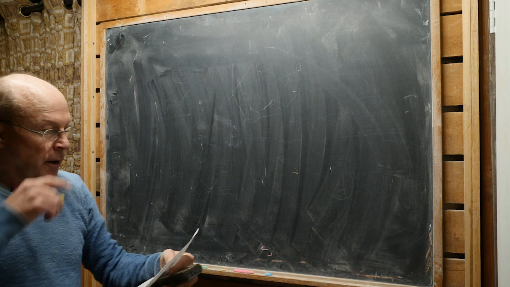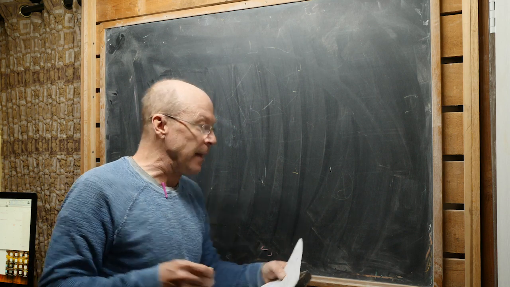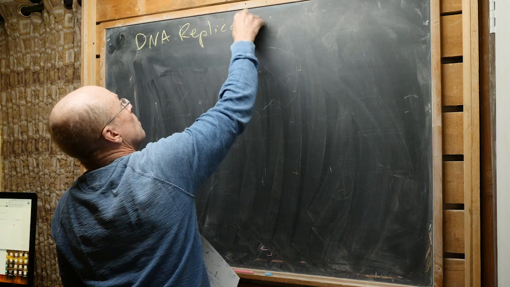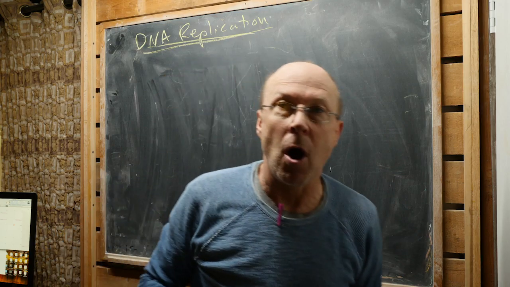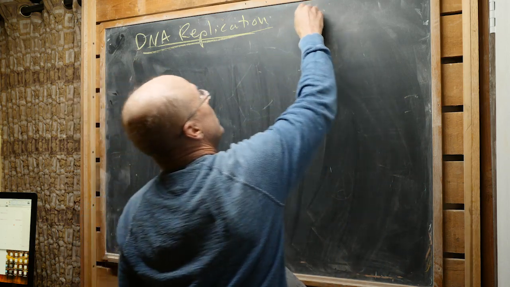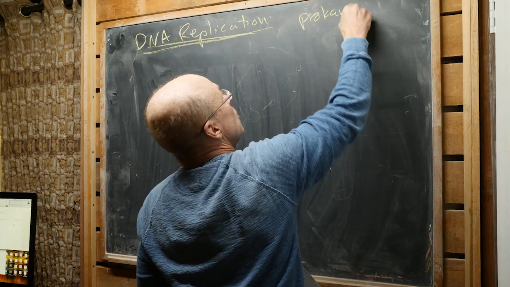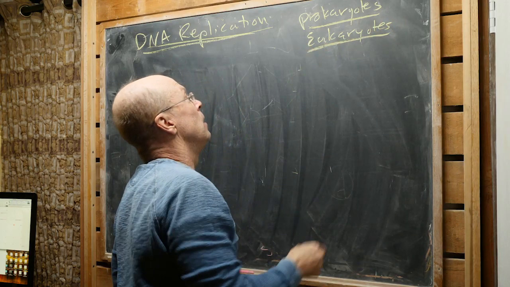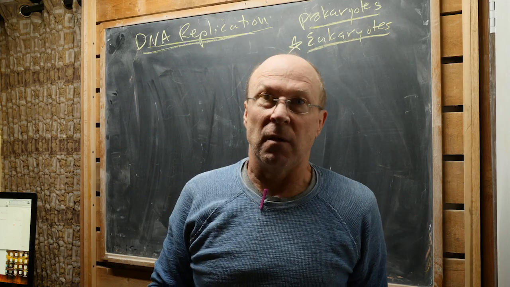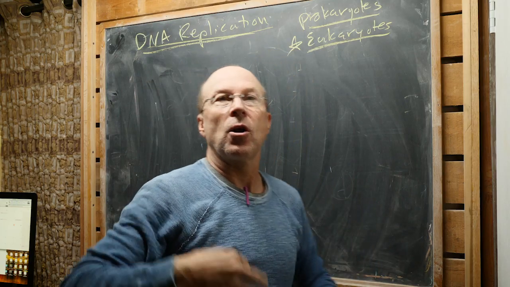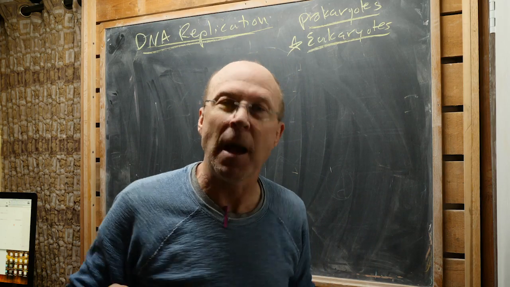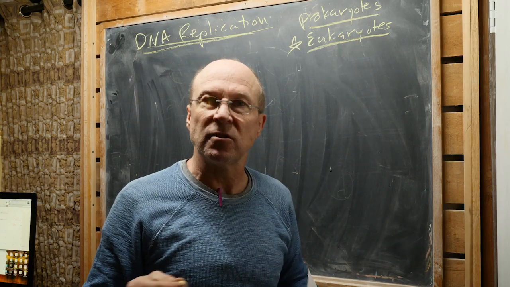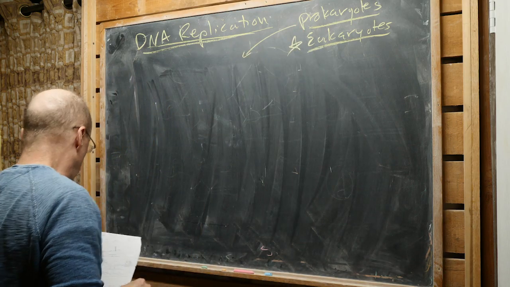So where we'll start here is we're going to look at DNA replication. Now, a long time ago, we talked about cells, and we had differences between prokaryotes and eukaryotes. Now, I'm more about eukaryotes. I think you are too. But there are complexities that arise in eukaryotes. I'm going to be spending most of our time talking about eukaryotes, but we have to start and discuss what happens in prokaryotes.